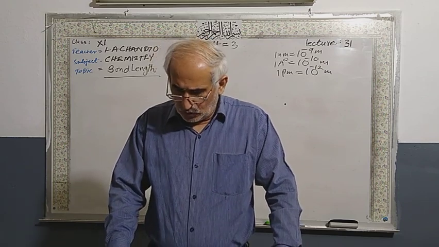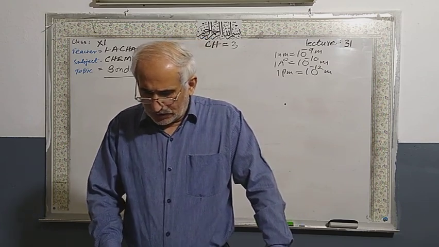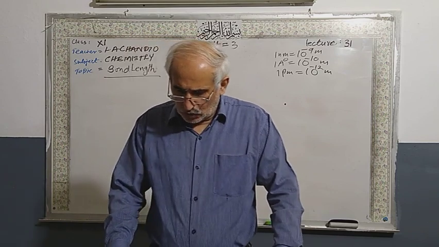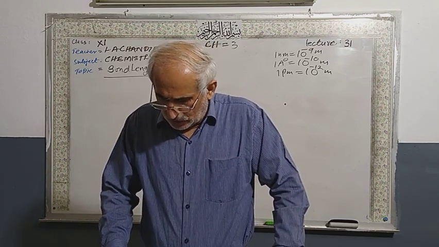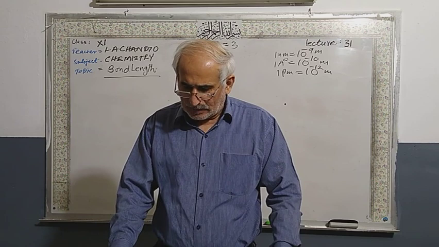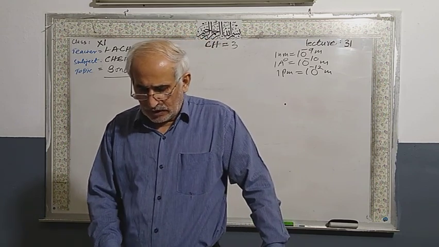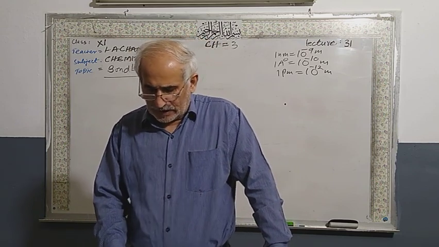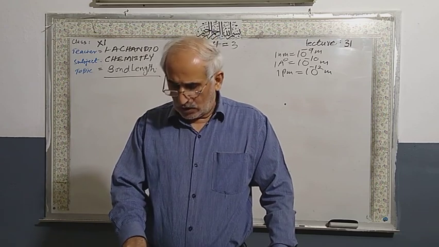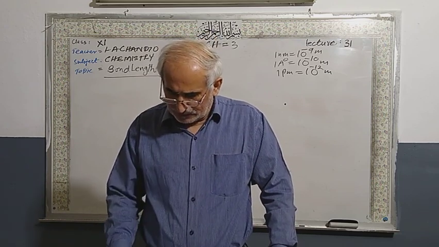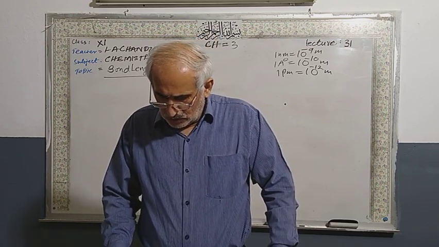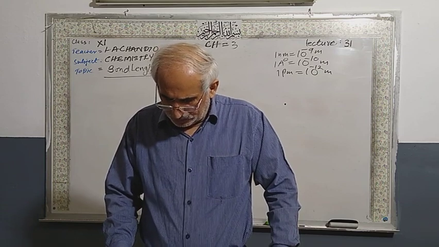Fluorine 0.72, iodine 1.33, and the covalent radii are used to calculate the bond length between two unlike atoms. In the case of the sum of the covalent radii, carbon-chlorine in methyl chloride is 1.76. So all these values are given and you have to add.